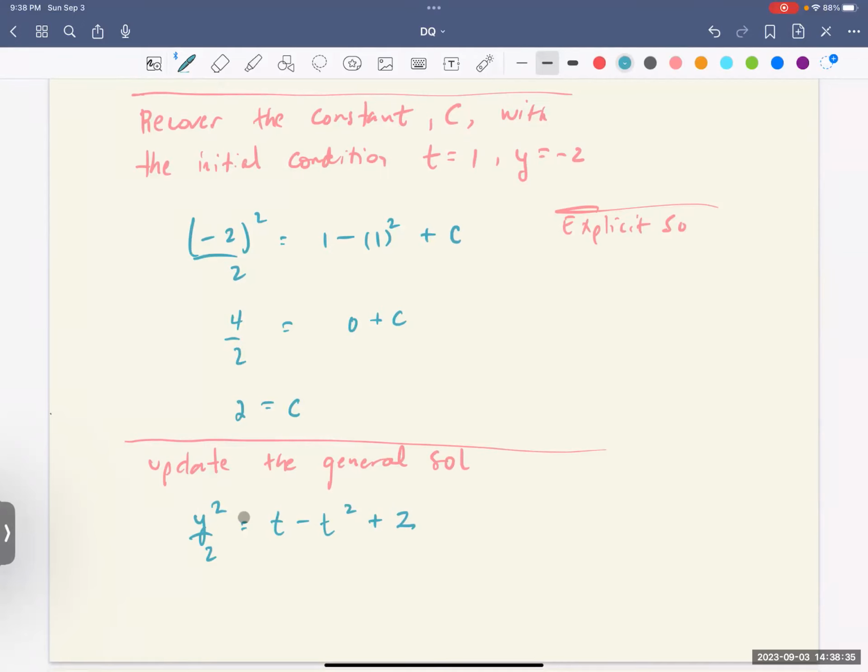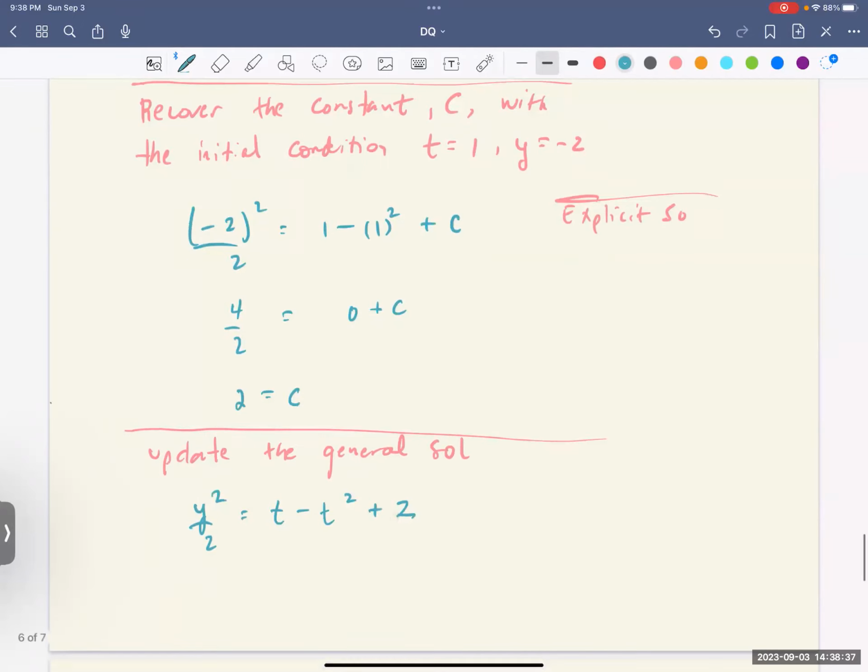We'd multiply the whole right-hand side by 2. We'd get y squared is 2t minus t squared plus 4. And then you'd take the root of both sides to get rid of the y squared. So y would be plus or minus the root of 2t minus t squared plus 4.